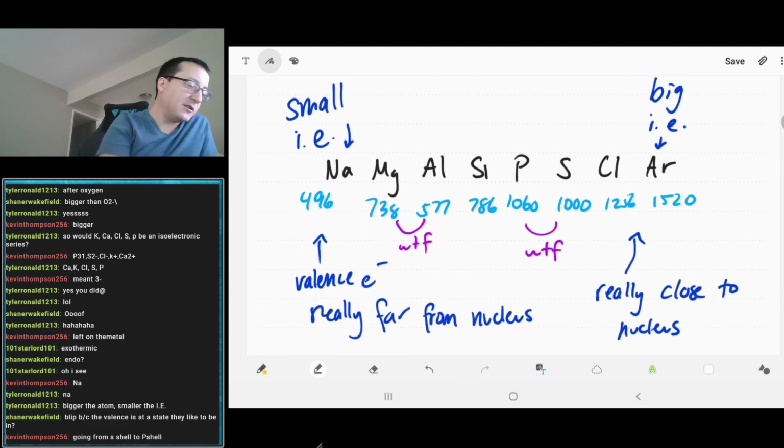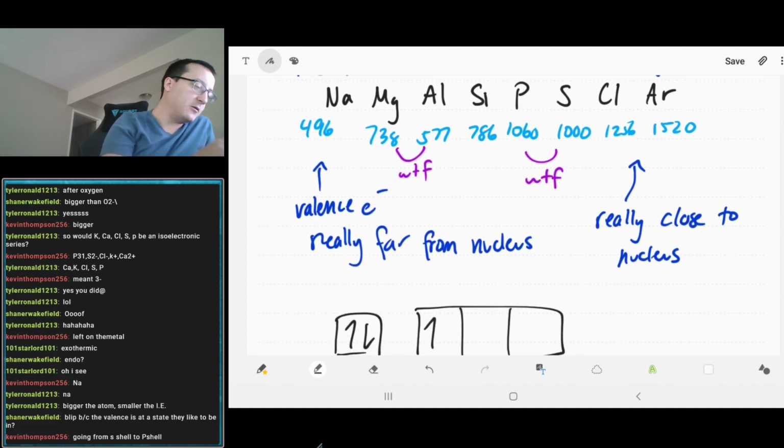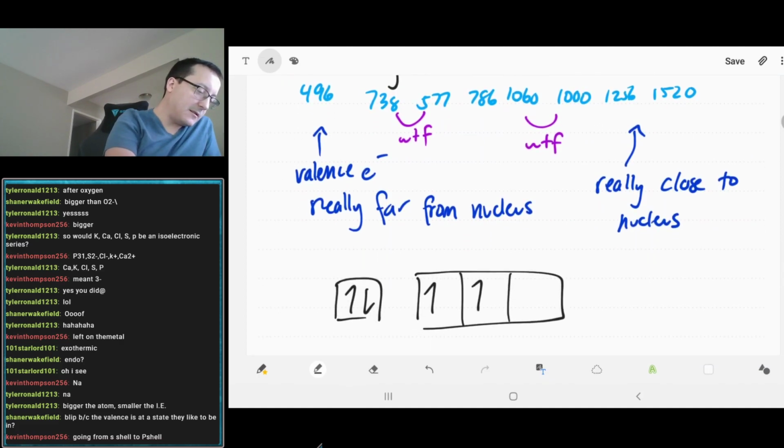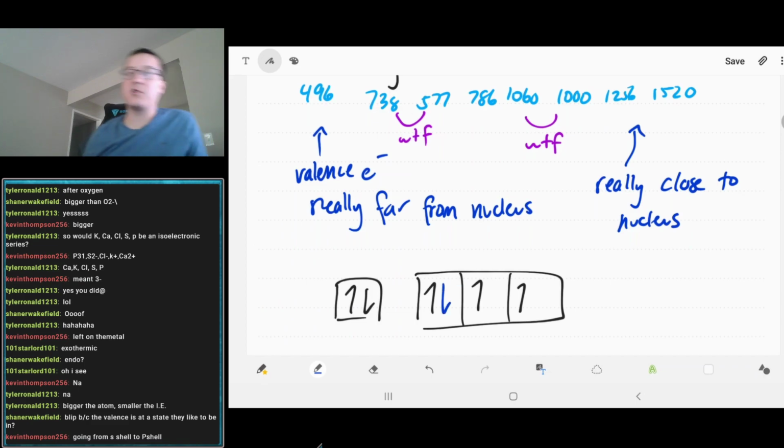But I think the most interesting one is going from phosphorus to sulfur. So phosphorus is this, and I'm just going to put sulfur's extra electron in blue. So we can see that it's actually going to be less energy to leave this half full than it is to get rid of that one also.